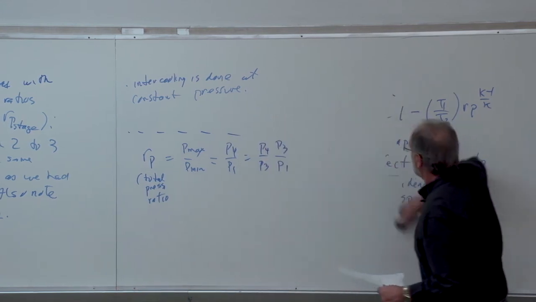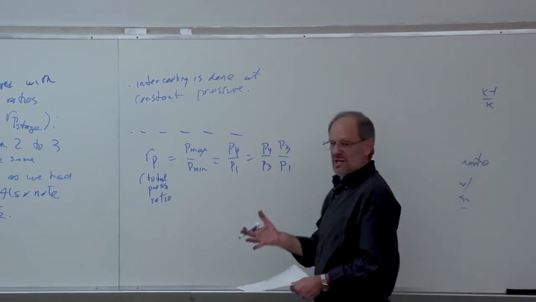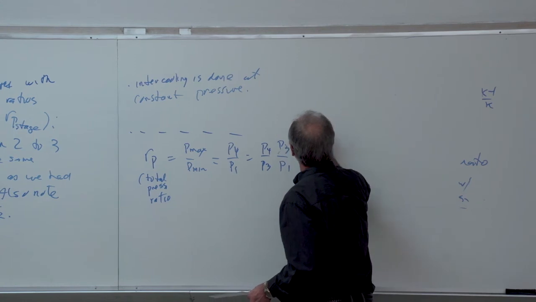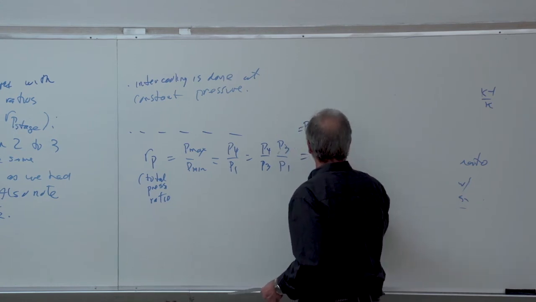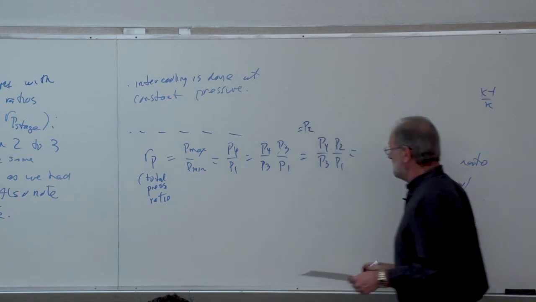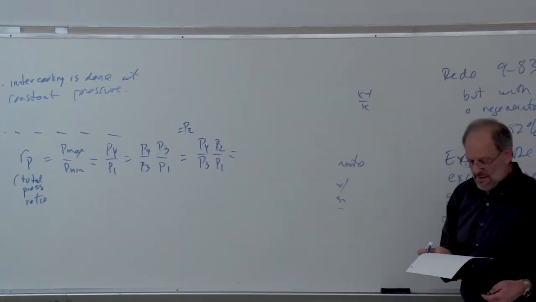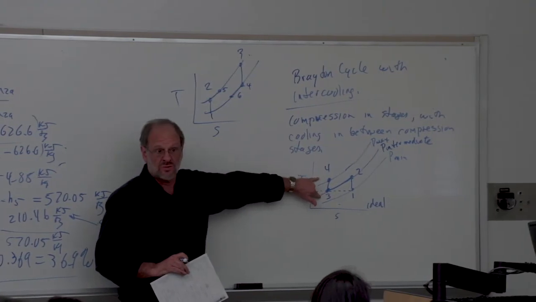This is just a very brief derivation. And then we would also note that intercooling takes place at constant pressure. So P3 and P2 are the same. So P4 over P3 times P2 over P1. Okay. Now, isn't P4 over P3 the pressure ratio across one stage?